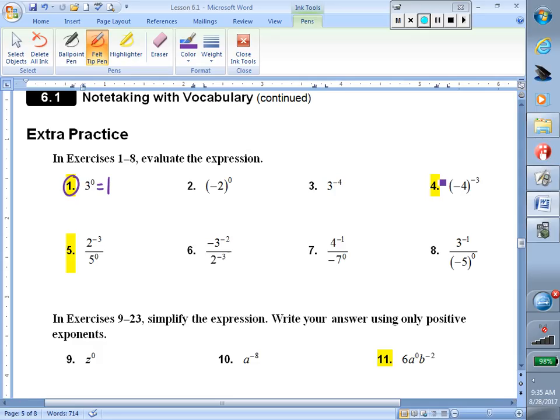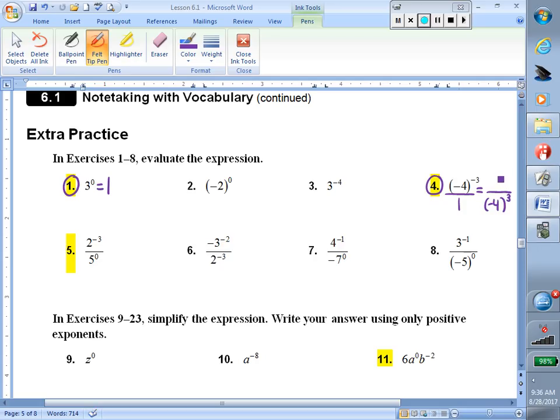If we take a look at example 4, just getting a little more familiar with the negative exponents. Whenever you have a negative exponent in the numerator, remember we could put this over 1, and we have to move it to the denominator to make it a positive exponent.